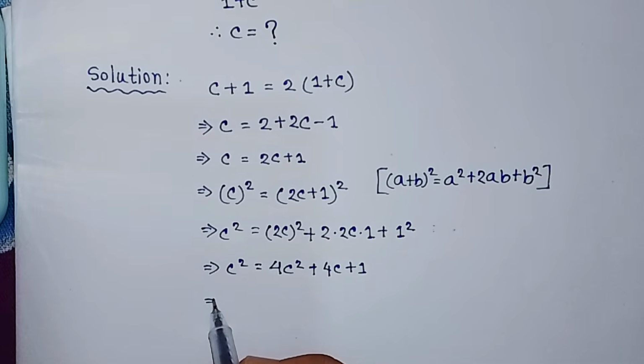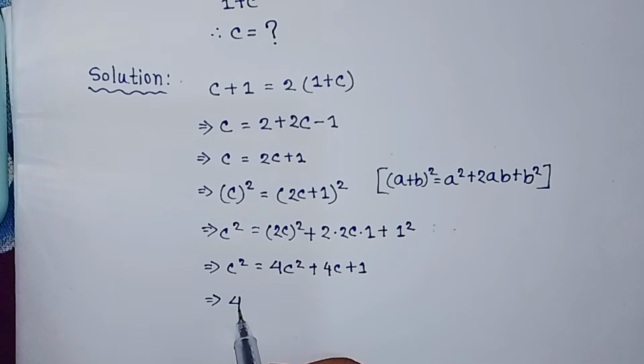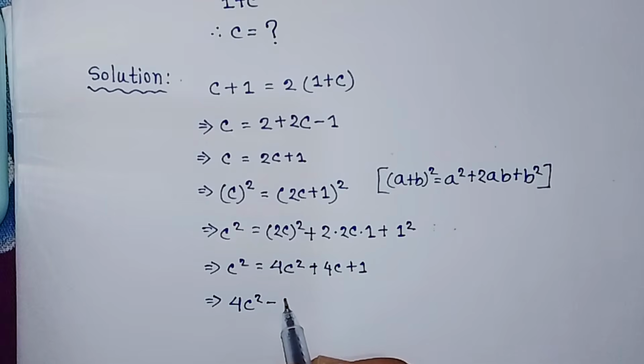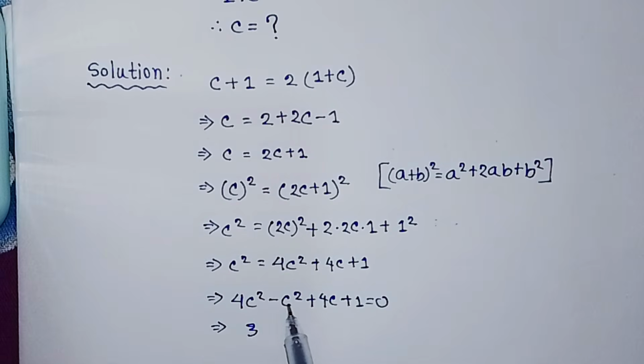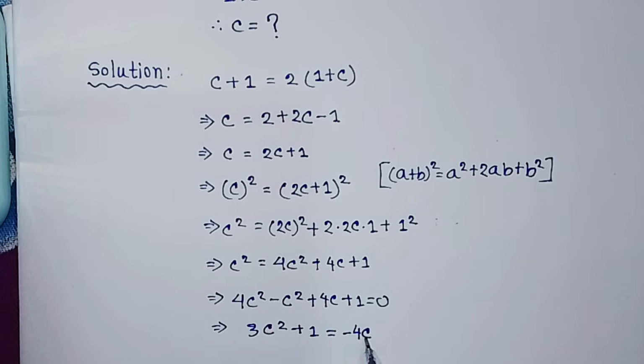Then we can take 4c squared minus c squared plus 4c plus 1 equal 0. Then 4c squared minus c squared equals 3c squared plus 1, and this minus this 4c will go in here and it will be like minus 4c.